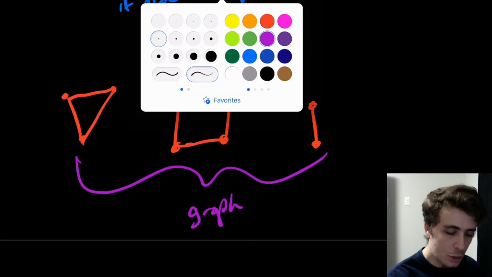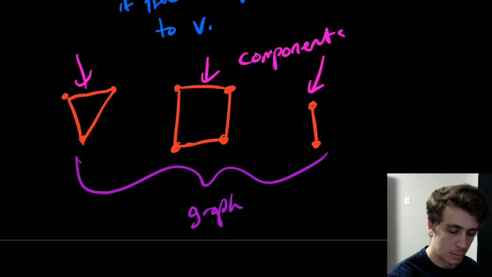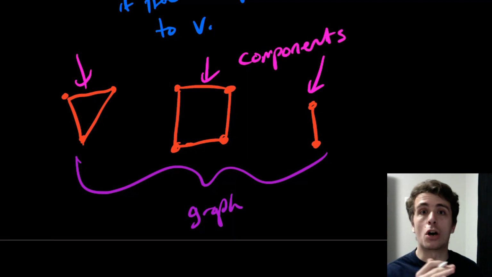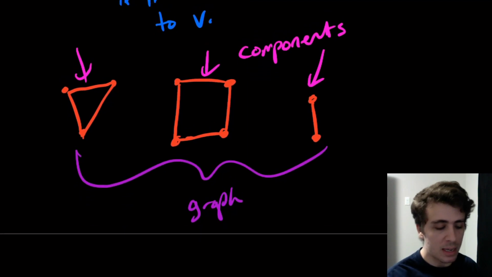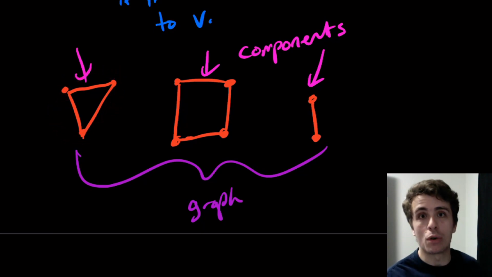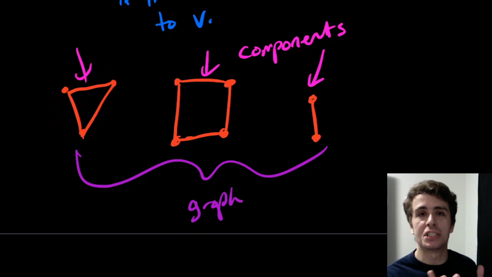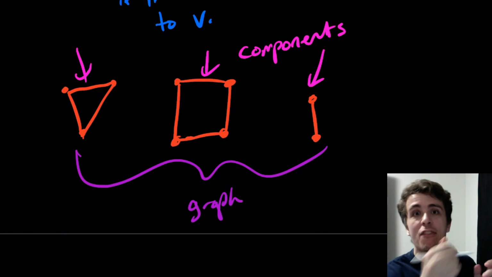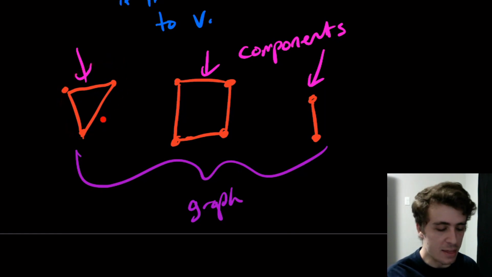Each of these individually are what are called components. The way that you define a component formally is the set of vertices that you can reach from any vertex within the component. It's a maximal set of vertices, meaning you can't visit any more, for which every pair is reachable. Every vertex is reachable from any other in the component.